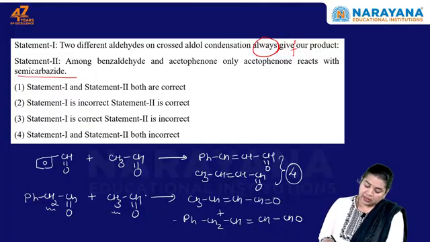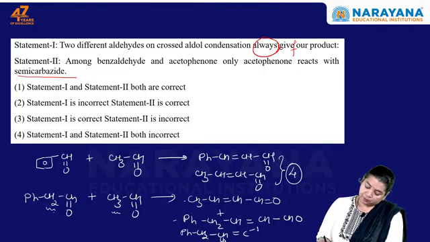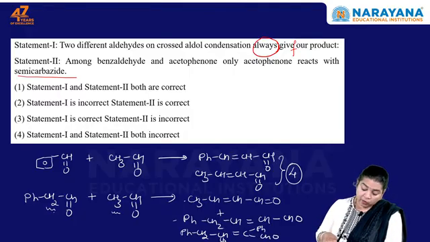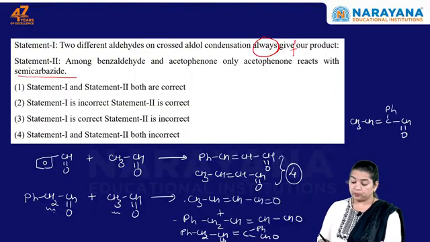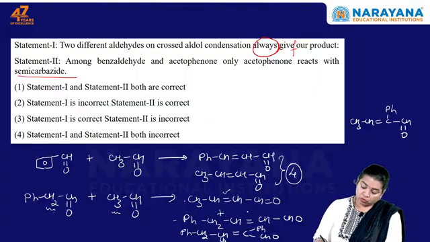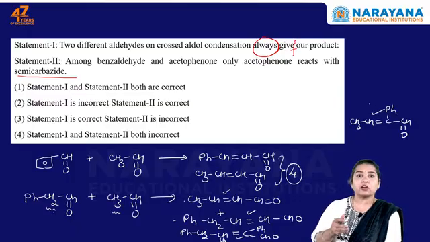This is the cross product: acetaldehyde enolate attacking on phenylacetaldehyde, PhCH2CHO attacked by its own alpha H, and one possibility is acetaldehyde attacked by phenylacetaldehyde's alpha H. Now you can see 2 to 4 to 6 to 8, we have 8 aldol products.